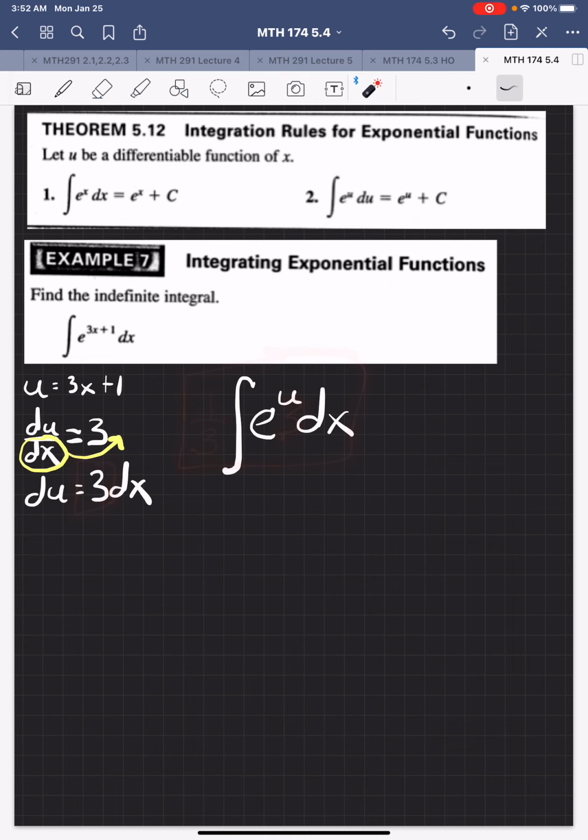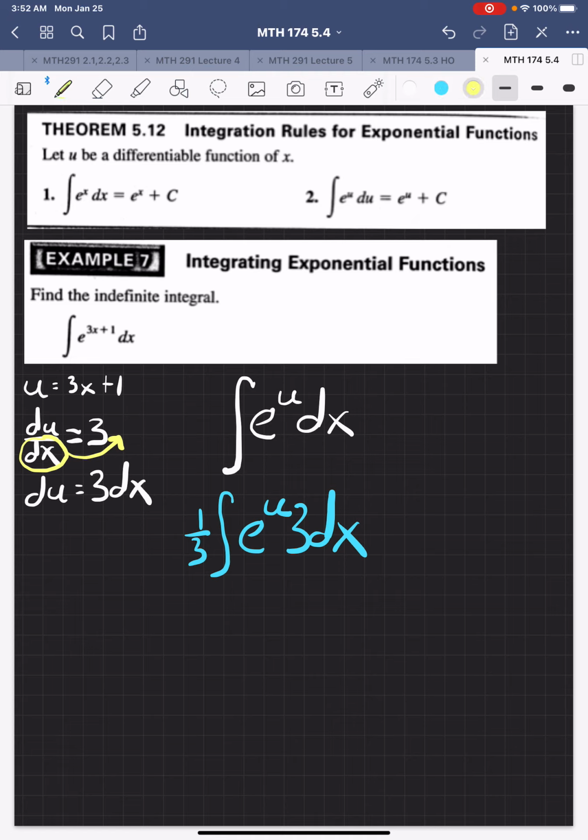I'm going to insert a 3 here so it matches, but I can't just insert a 3 into a problem without canceling it with the 1/3. So let's go ahead and do that. Now we have 1/3 e to the u 3 dx. I promise I won't do it in as many steps in the next problem.